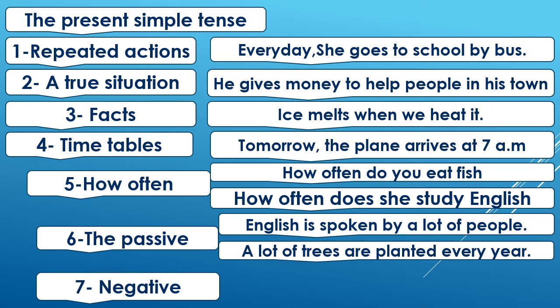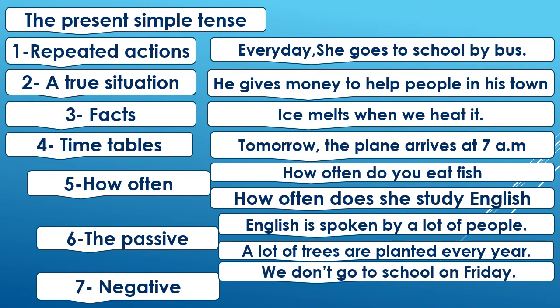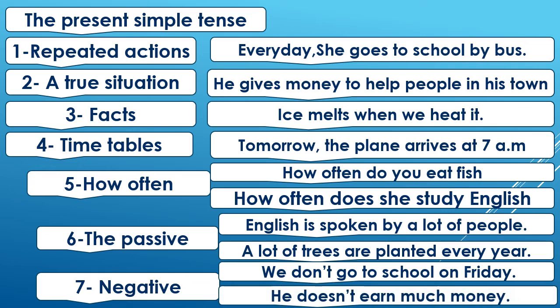We change it into passive. We begin with a lot of trees are planted. Are planted, past participle. Okay, now with the negative النفي in the present simple tense.